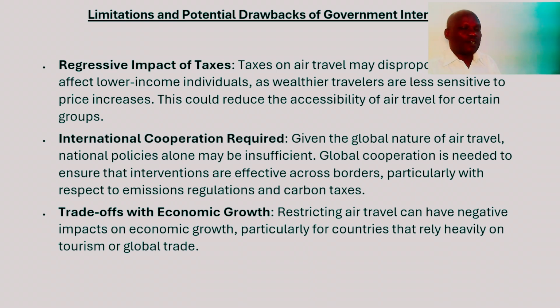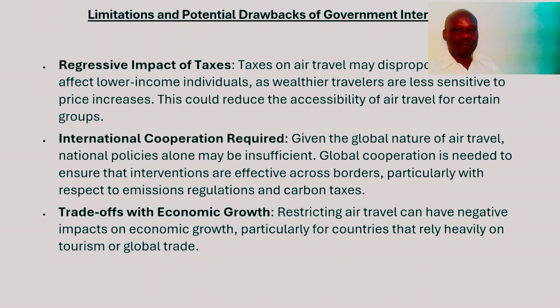One, as much as we are saying that air travel leads to market failure due to the negative externalities, we would want the government to intervene to address this, so that a balance is struck. But such interventions also have limitations, and one of the limitations is the regressive impact of taxes.